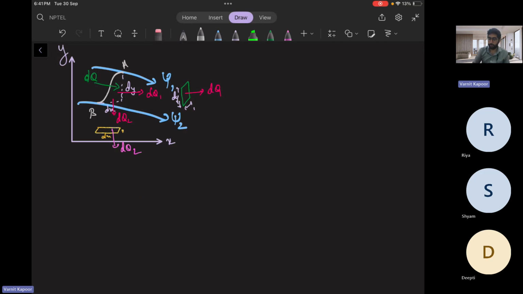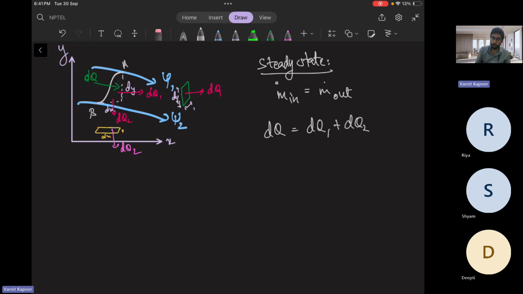From the steady state condition, the rate of mass entering is equal to the rate of mass exiting. So the total dq is nothing but dq1 plus dq2. And what is dq1? It is density rho into area into velocity.